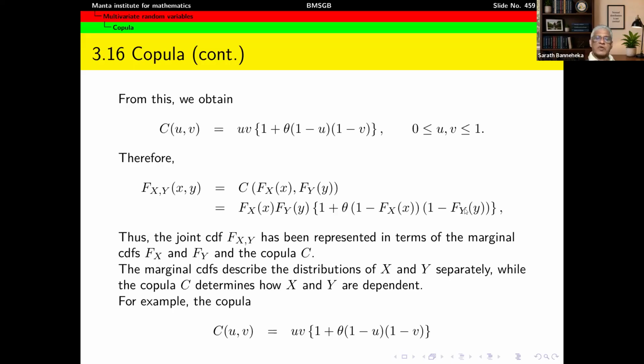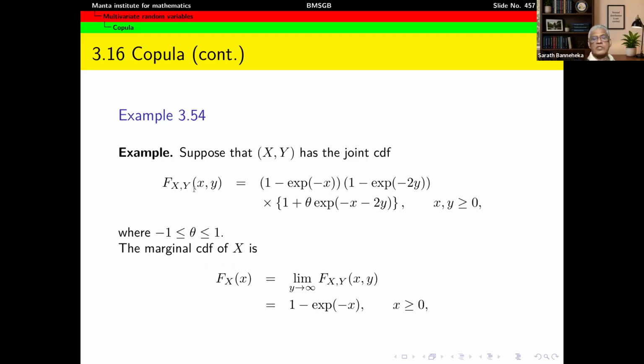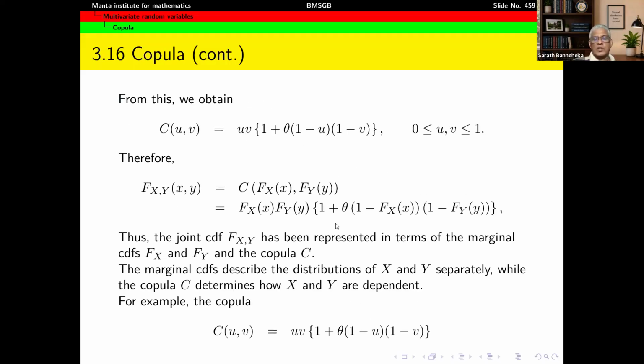So from this expression, it is very clear that this original joint CDF was a very complicated expression, and here it is not clear how this can be written in terms of the individual CDFs. But now it is very clear to us how the same function can be written in terms of individual Fx(x) and Fy(y). Right. So here everything is in terms of Fx(x), Fy(y).